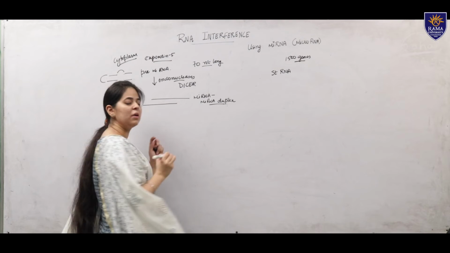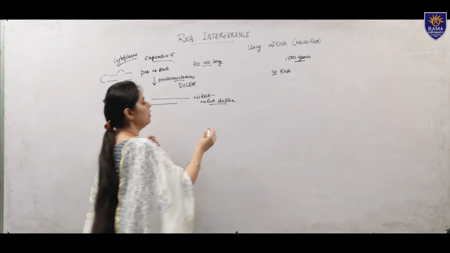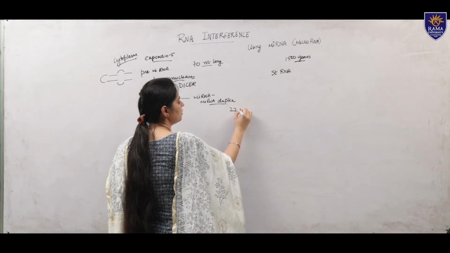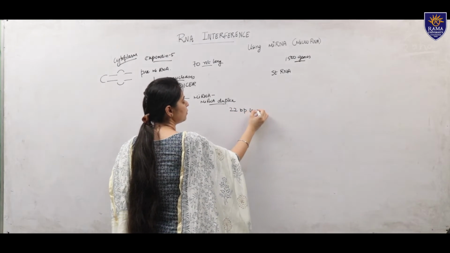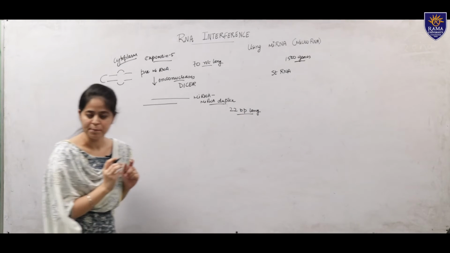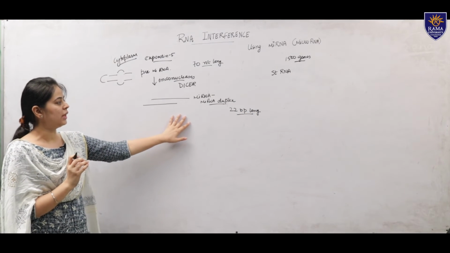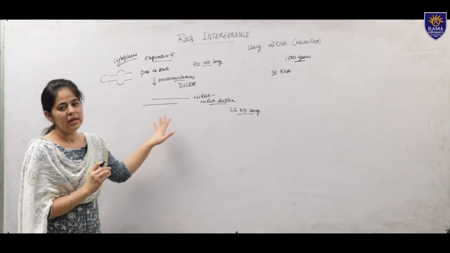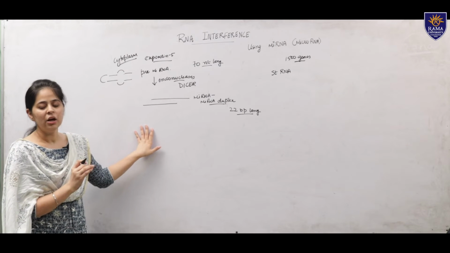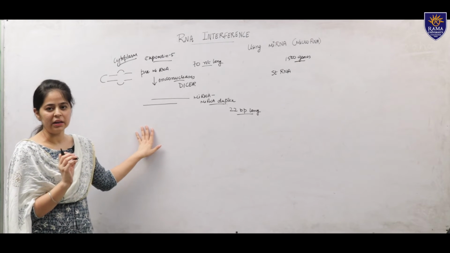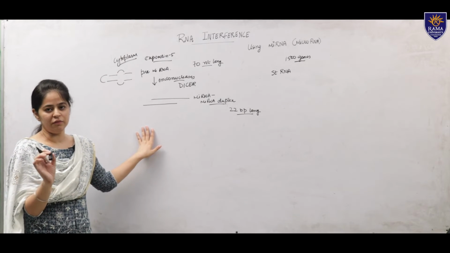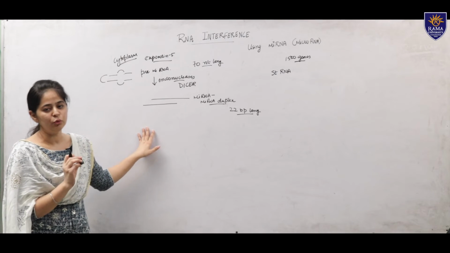This miRNA duplex is now further shortened, and it is only 22 base pairs long. Okay. So, this shortened miRNA duplex is now ready to attack the mRNA which is to be degraded or not allowed to be translated.